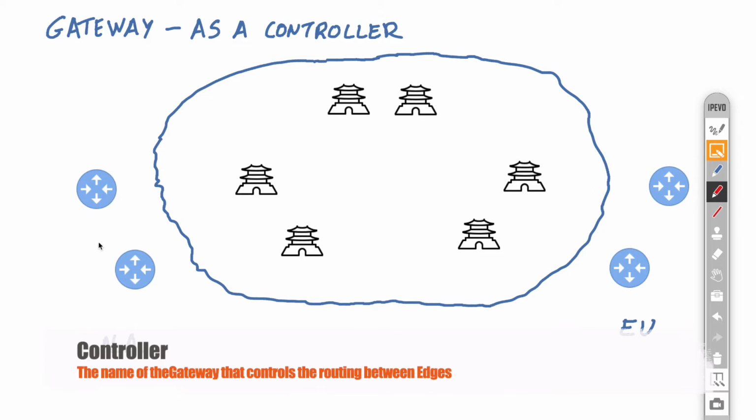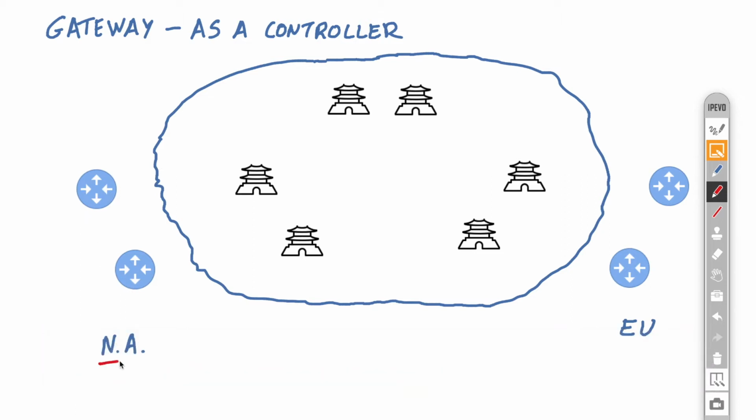Back in the old days, if we had a few routers in North America and a couple in the EU, we used to manage them separately, and we used to have to connect to each of them individually and set some command lines in order for them to connect to the rest of the estate, etc. Now with software-defined networks and software-defined WAN, we decouple the data plane, which remains on the edge, from the control and management plane. The management plane goes to the orchestrator and the control plane goes to the gateways.